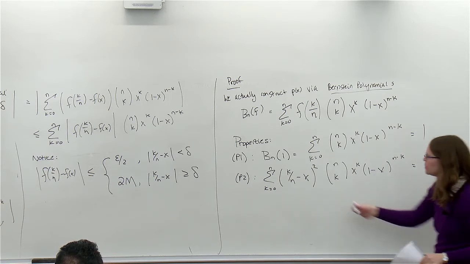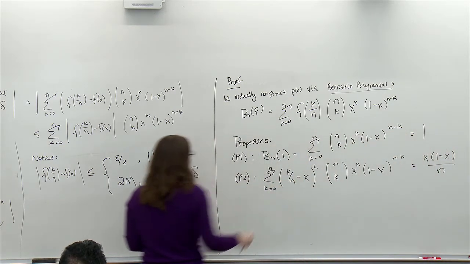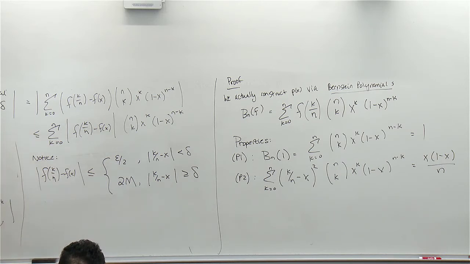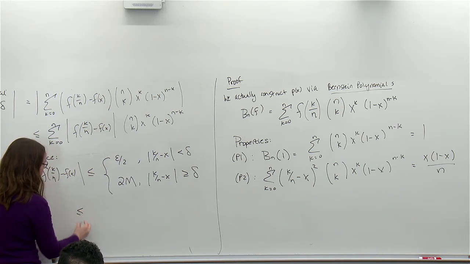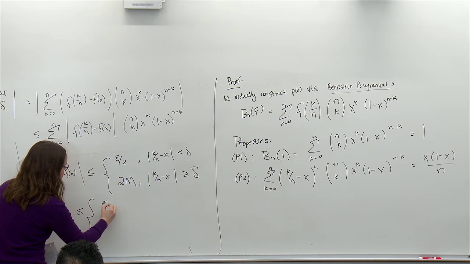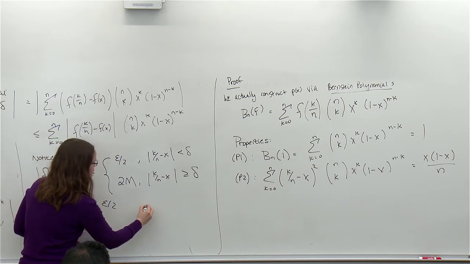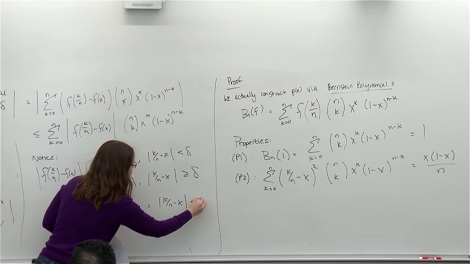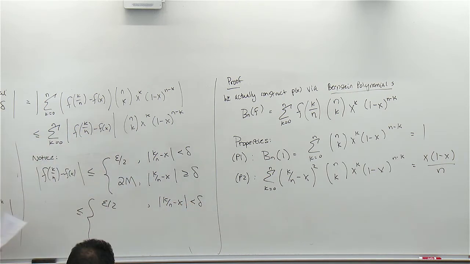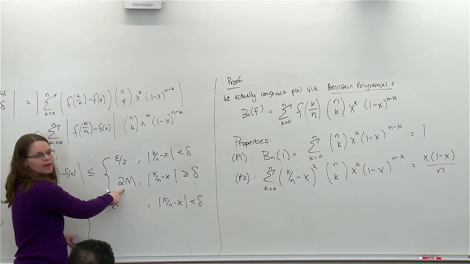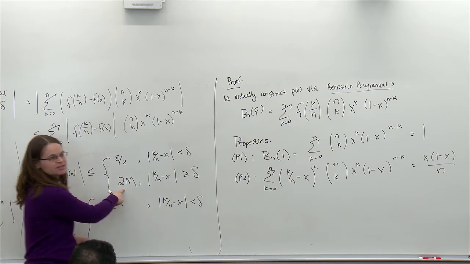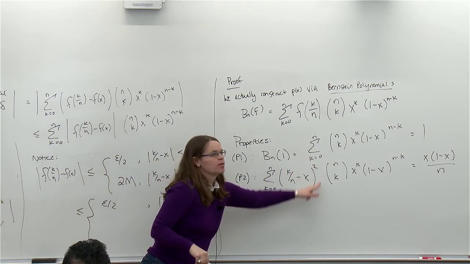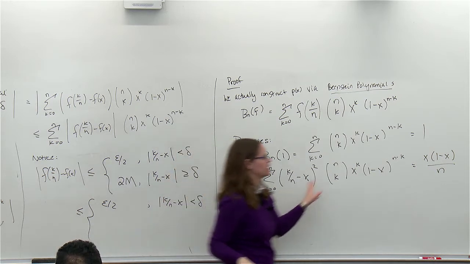So this is good, but it means we need to bring in a k over n minus x somehow. So I need to play with this bound a little bit more. This one's already small, so we like it. This one, I would love to multiply by k over n minus x squared, because once I do that, this comes into my sum, and I can add it up exactly and get something small.